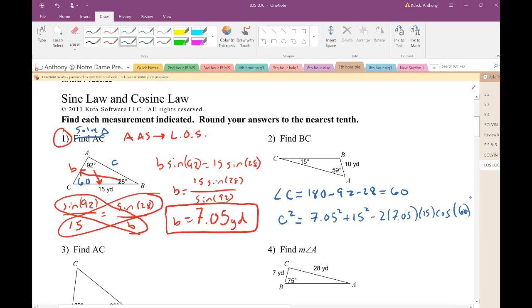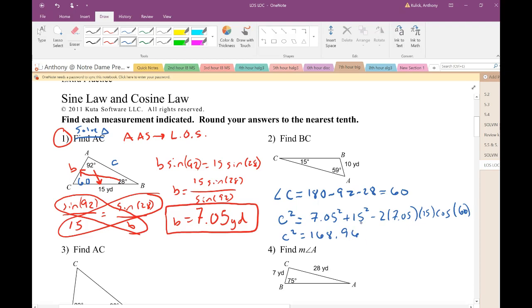So I'm going to type that into my calculator. And that gives me about 168.96.